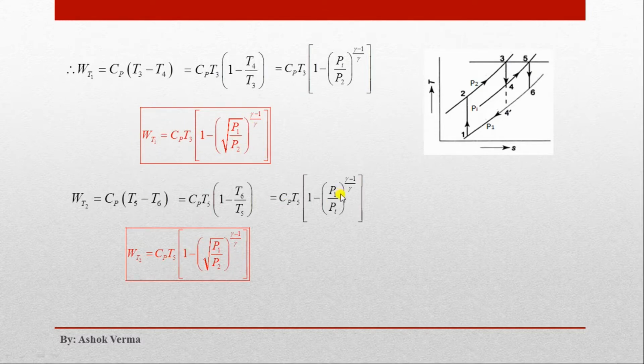So here we are concluding that for perfect reheating, the optimum intermediate pressure is the square root of the final and initial pressure, and we are also getting that for perfect reheating the turbine work output from turbine 1 is equal to that from turbine 2.